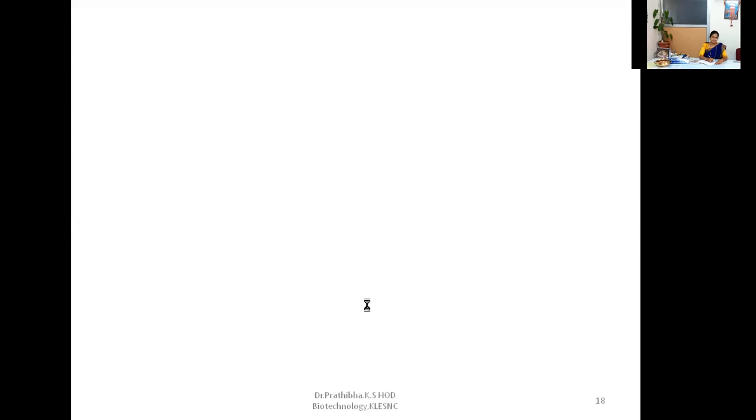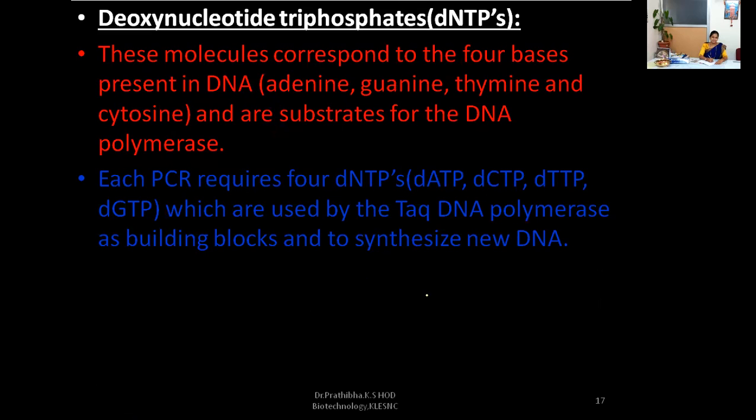Now let us understand deoxynucleotide triphosphates. These molecules correspond to the four bases present in DNA, that is adenine, guanine, thymine, and cytosine. This PCR is meant for DNA amplification, and for DNA amplification we use DNA polymerase enzyme, whereas in conversion of mRNA to cDNA, we use reverse transcriptase enzyme.